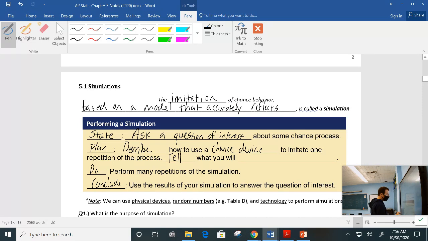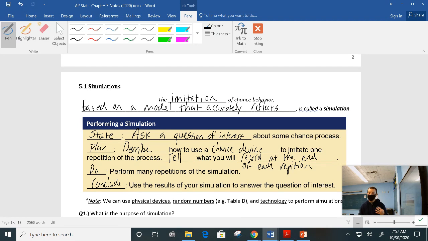When you're doing that, make sure you tell what you will record at the end of each repetition. Then actually do it. Perform any repetitions of the simulation and conclude, use the results of your simulation to answer the question of interest.